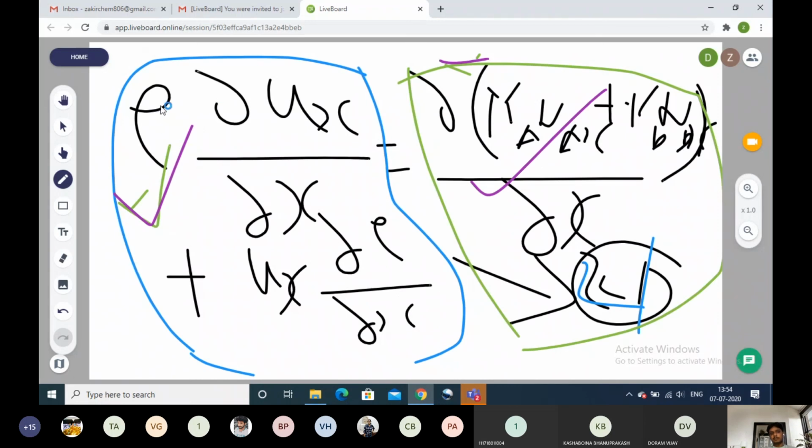Variable separable says that when one quantity is being differentiated, the other quantity needs to be kept outside of the differential. So first we keep rho outside, giving dou Ux by dou x. Then in the second place we keep the second variable outside, and we do the differentiation on the first variable, dou rho by dou x. This is also equal to the product of molecular weight into fluxes.